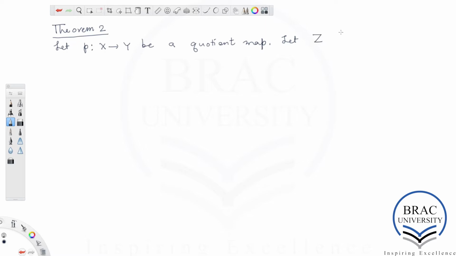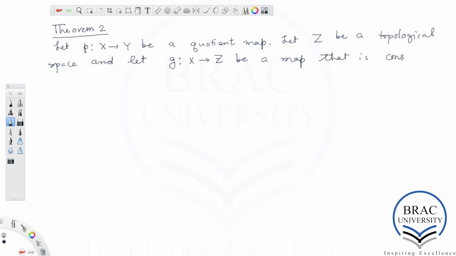Let Z be a topological space, and let G from X to Z be a map that is constant on each set, the inverse image of the singleton set y under P, for all y in the topological space Y. So we want G to be constant on each such set.